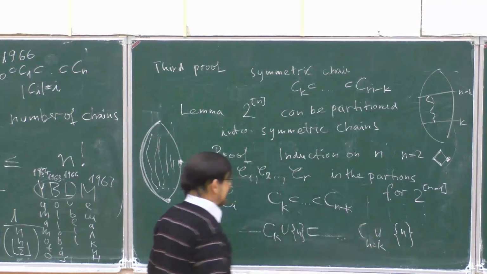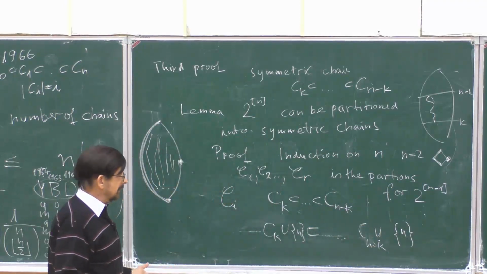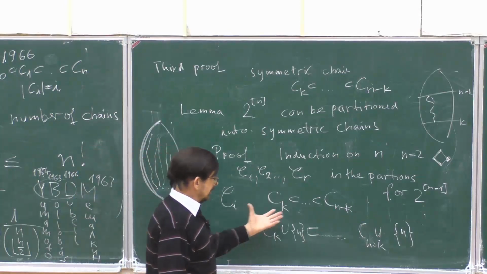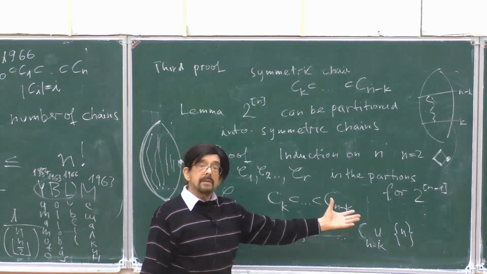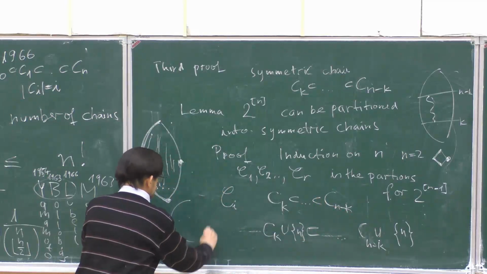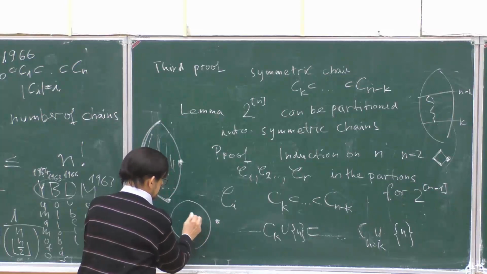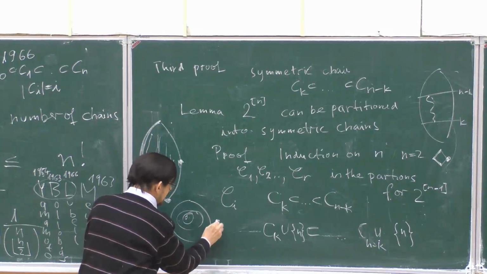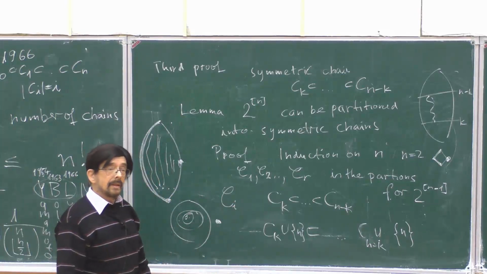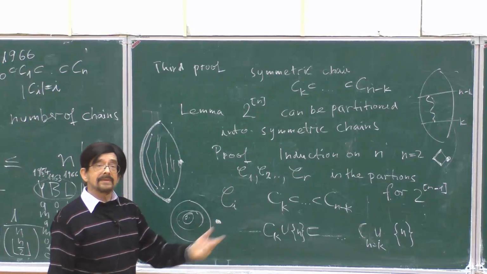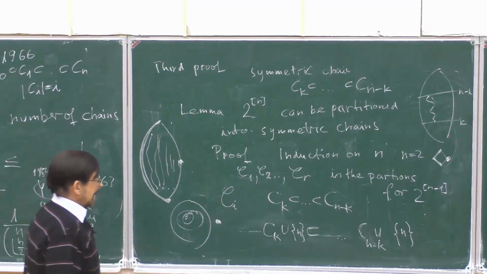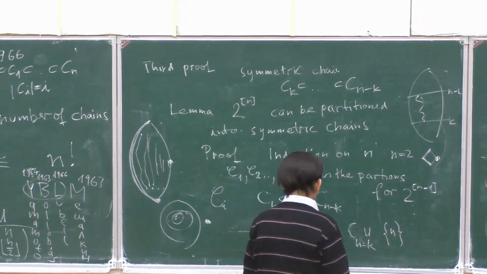So this is what we can do, almost nothing else, right? We use the original chain and we extend it. We have this chain and we add this new point to everyone. But this will not be symmetric. So we have to be careful.